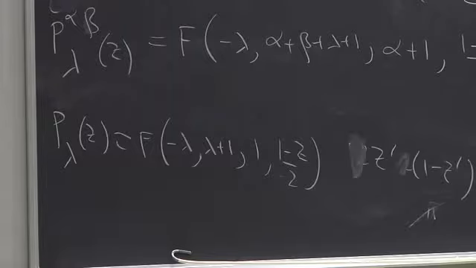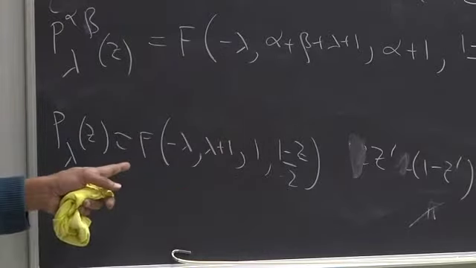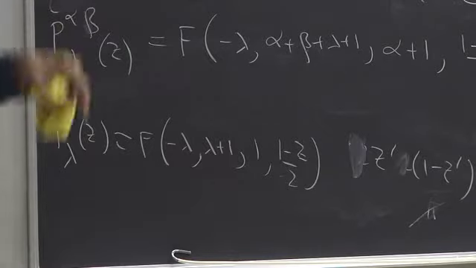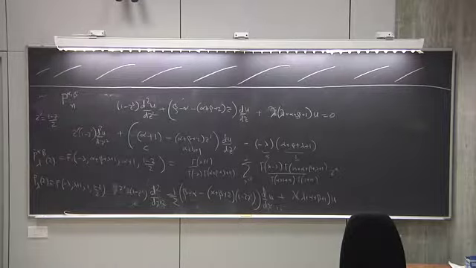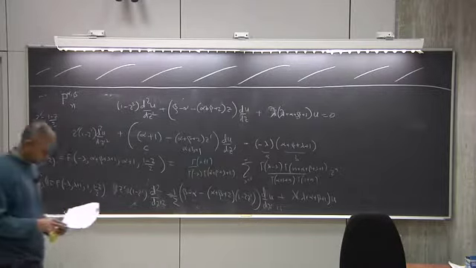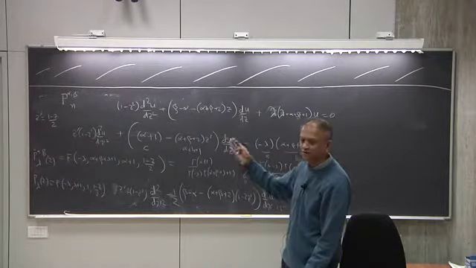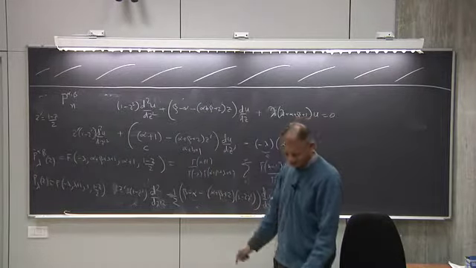Once again, for lambda equal to a positive integer, this becomes a finite polynomial. Otherwise, for arbitrary lambda, it will be an infinite series. This is just to show how hypergeometric functions are related to almost everything that you have seen so far. I mean, this is Jacobi polynomials.